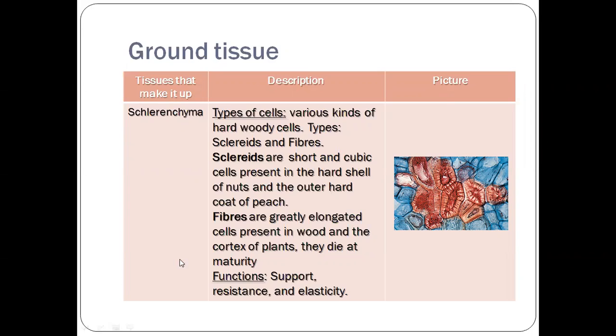Es decir, las fibras van a estar presentes igual en la madera, en la corteza de las plantas, y mueren a la edad madura. Es decir, por eso tienen esa consistencia dura, seca. Functions, support, resistance, and elasticity. Soporte de la planta, resistencia y elasticidad de la misma.